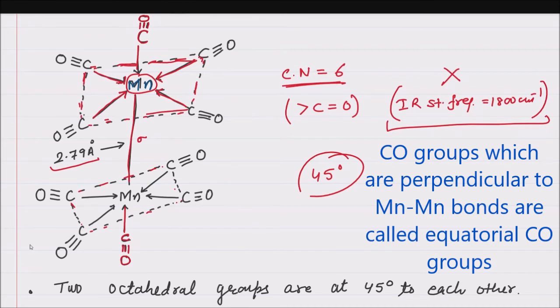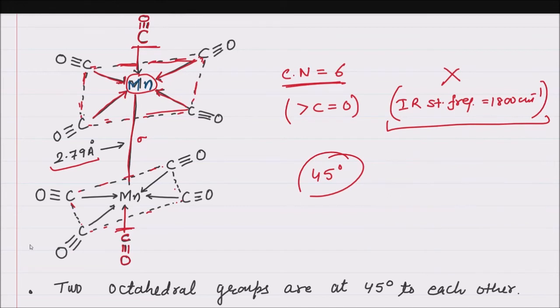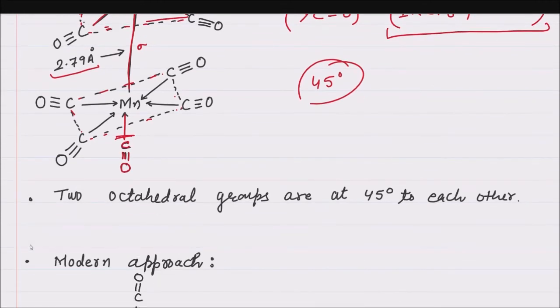So there are two types of CO groups. One is axial, these are the two axial, and 4 on each manganese are perpendicular to the manganese-manganese bond, right? See, the two octahedra are at 45 degrees to each other.